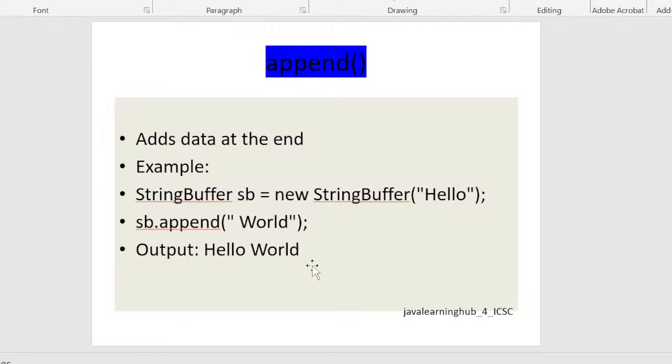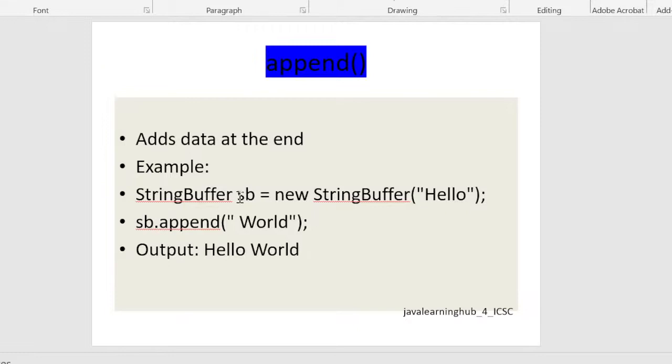Now we want to add, attach or join. These are the different terms we use whenever we append another string. Say I want to append world to my existing string hello.